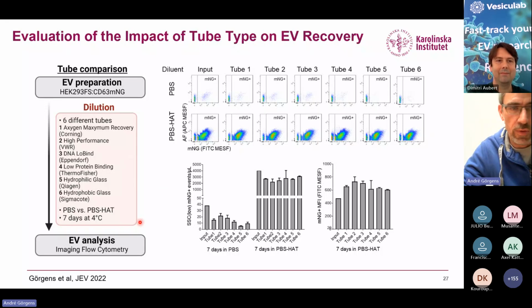So we also tried all the low bind and differently coated tubes that we could find. And all of those led in PBS to drastic losses of EVs over, in this case, 7 days. While in the HAT buffer, we don't see any of that really, at least not significantly. So it's not the tube, it's more the buffer in this case.